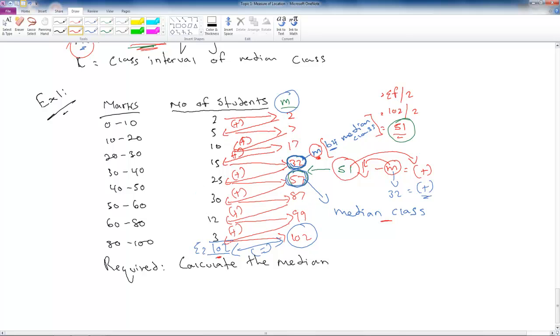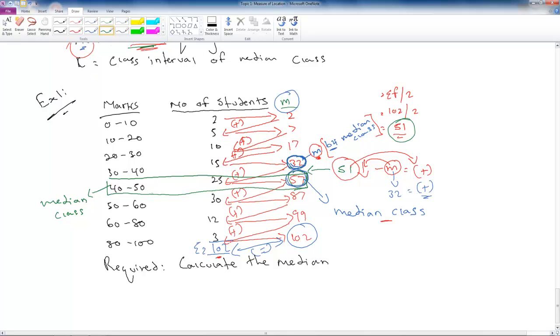So when this becomes your median class, this whole row becomes your median class. Are we okay with that?